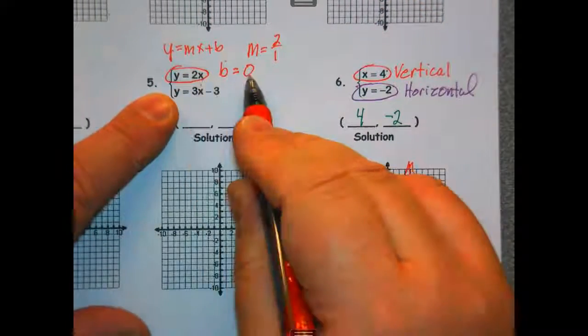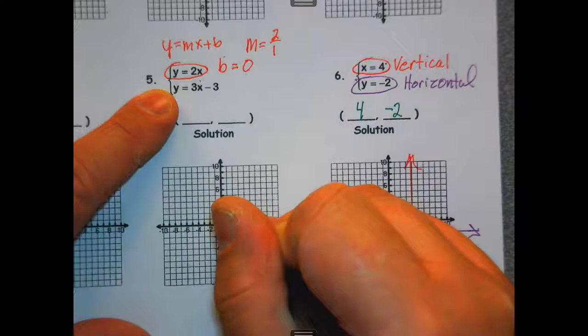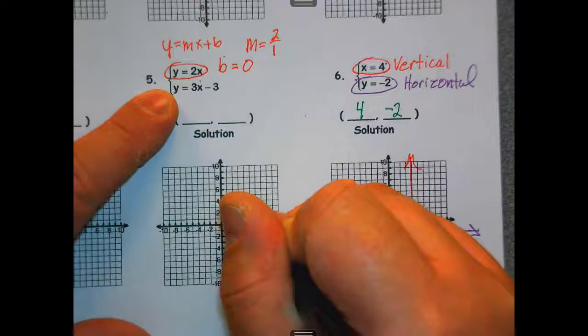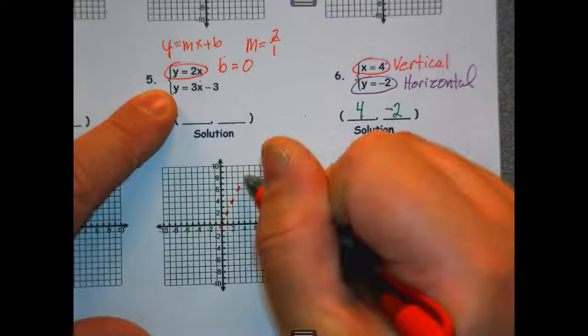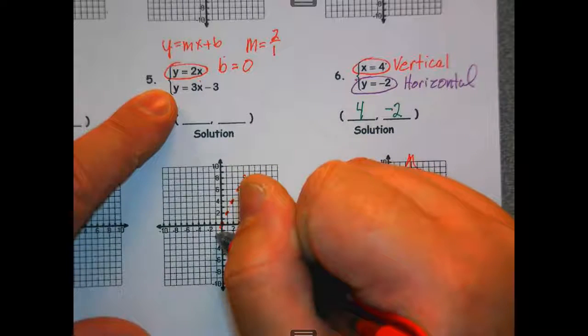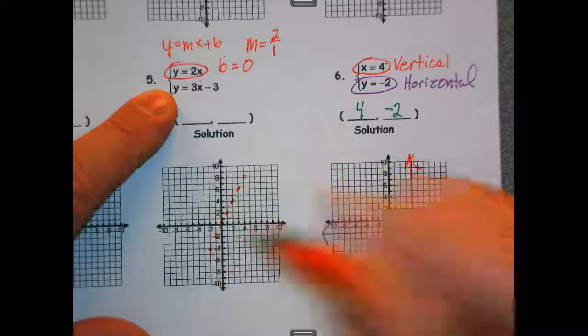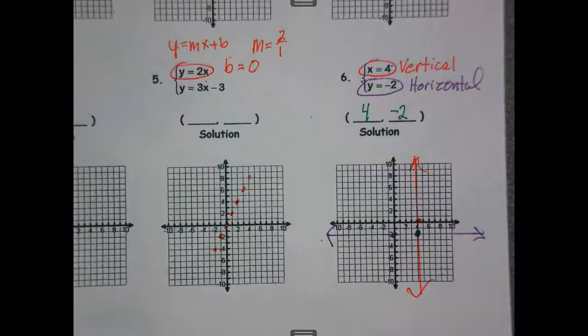So we would start at 0, go up 2/1, up 2/1. And if you want to keep putting a whole bunch of dots here, a lot of times I can go down to the left one. It helps when you're trying to find the intersection point.